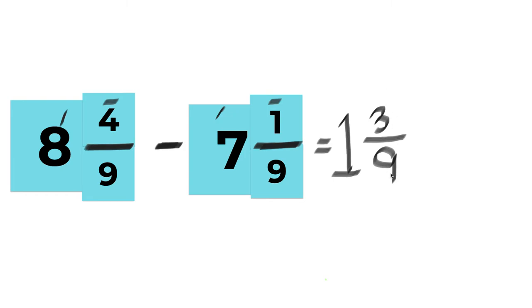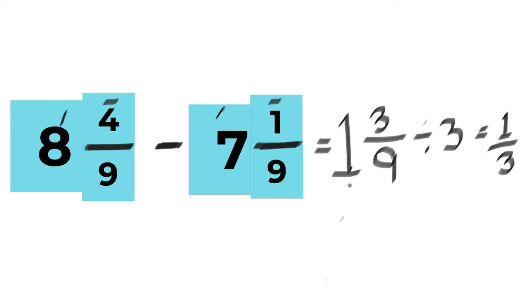But take note, you have to look at your mixed number if this is simplified. Take a look at the fraction here, 3/9. I guess you can find a number that can be divided by 3 and 9, and that would be 3. So 3 divided by 3, that gives you 1. 9 divided by 3, that gives you 3.